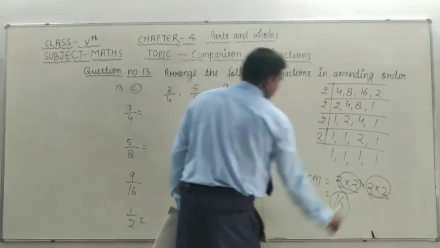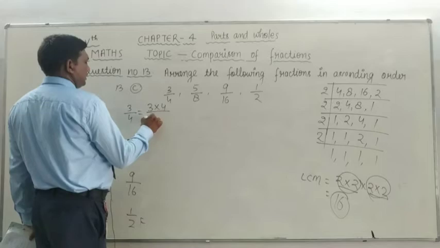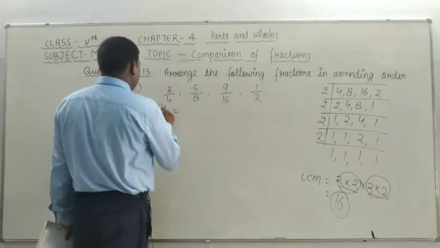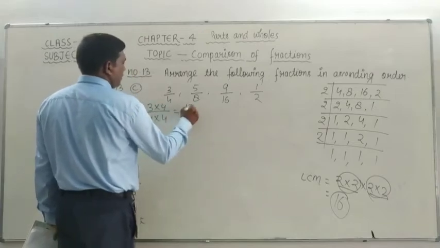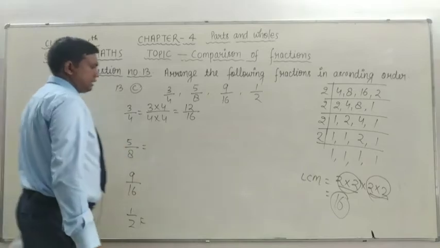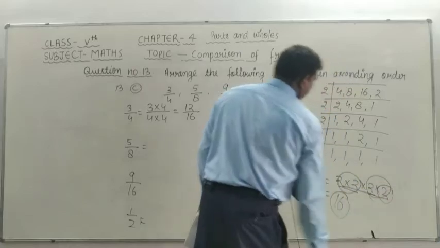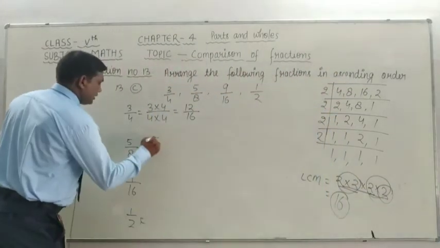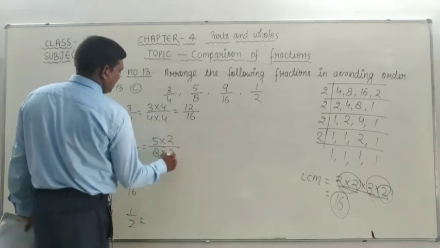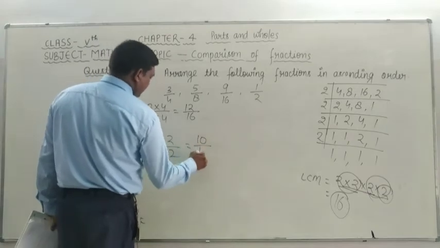Here we have to multiply by 4 in numerator and denominator. 3 fours are 12 over 16. Again here given 5 over 8, it means 8 twos are 16, therefore here we have to multiply by 2 in numerator and denominator. After multiplying these we get 5 twos are 10 over 16.